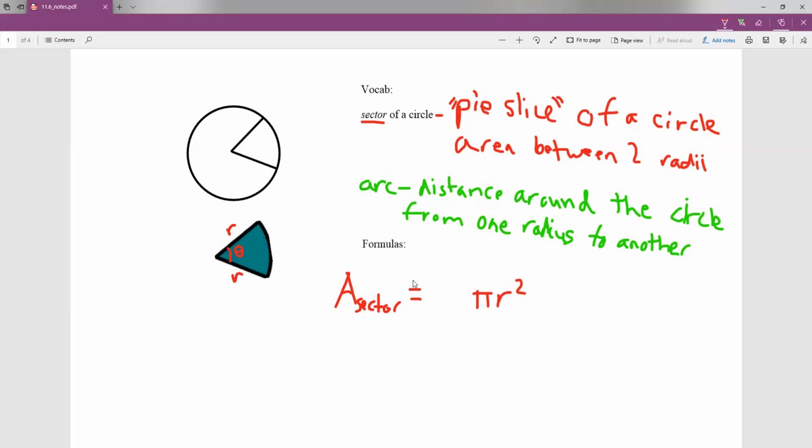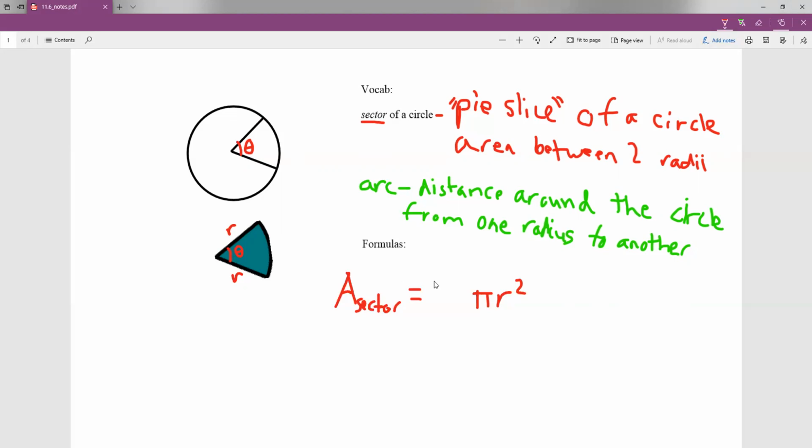Since we know how many degrees are in an entire circle, if I were to go from here to here, that would be 360 degrees, right? If I only wanted part of that, I would take theta's worth, this unknown amount of degrees of the circle.